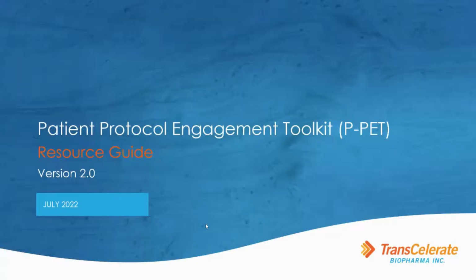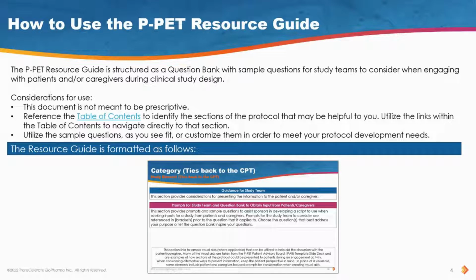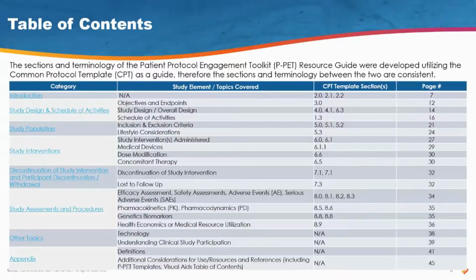Note that the questions are only examples, and the user may modify the questions as needed based on their study objectives. Your team should also consider using the templates as you see fit to provide visual aids for additional clarity when engaging with patients and caregivers.